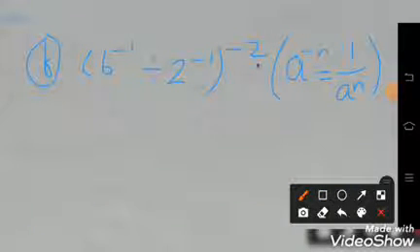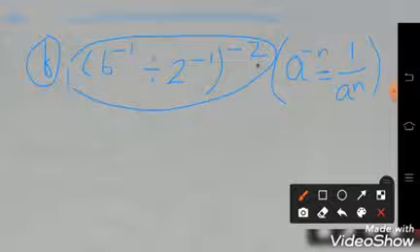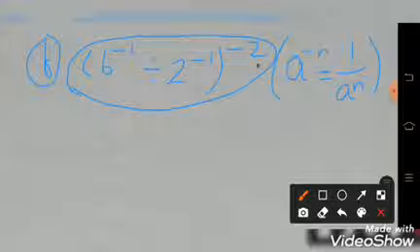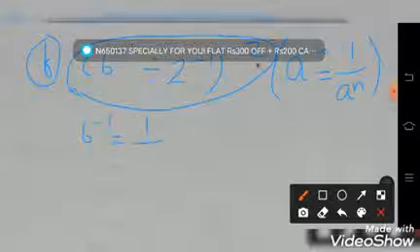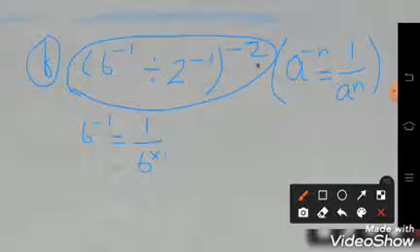Now let's see question number 10F. How do we express the given expression with positive exponent? Here 6 to the power minus 1 and 2 to the power minus 1, and outside the bracket a negative exponent. So how do we convert this? 6 to the power minus 1 is equal to 1 by 6 to the power 1.